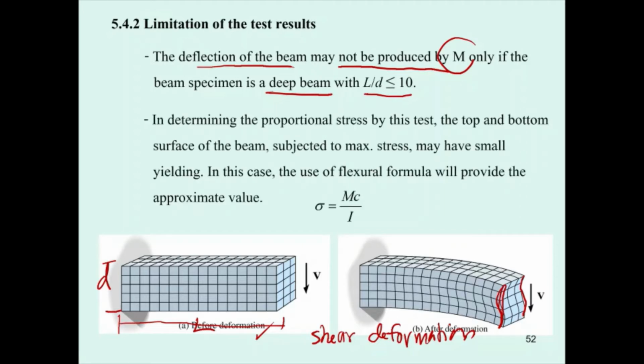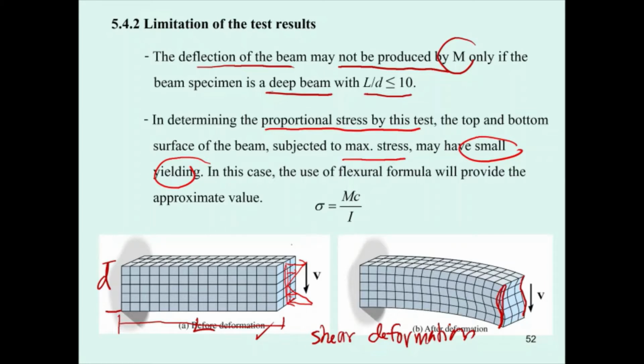And second, in determining the proportional stress of the beam, the top and bottom surfaces of the beam are subjected to maximum stress. That means for this, what is going to be on the top? The top is going to be in tension, right? The bottom is going to be in compression, something like this. It may be the starting point of the yielding.